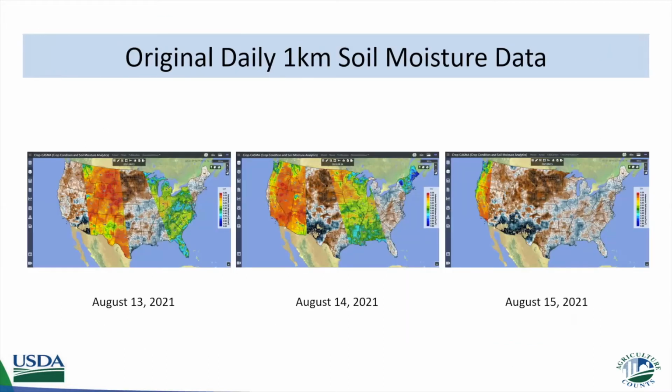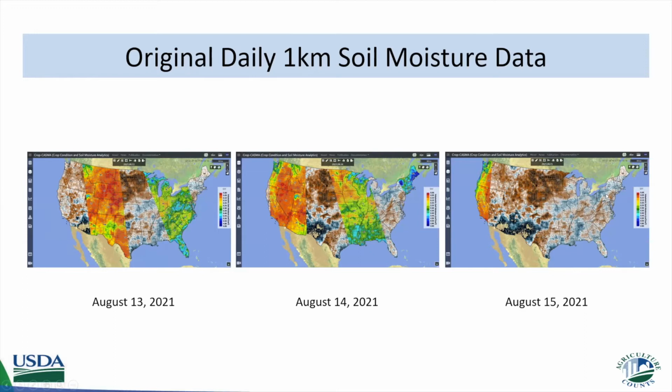So this is what the 1-kilometer data looks like. You will see that these two are daily. The coverage is better for one, but for this one the coverage is very small.